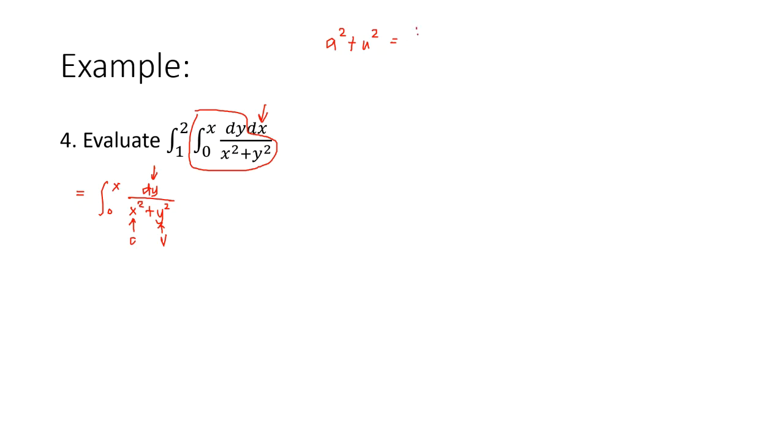So we have 1 over a arctan of u over a, wherein our a here is x, our u here is y. Now, meaning to say, this one is equivalent to 1 over x arctan of u, which is y, over x, and we have the limits from 0 to x.